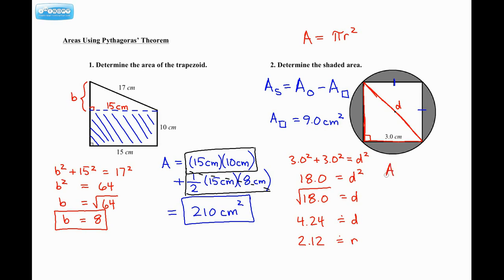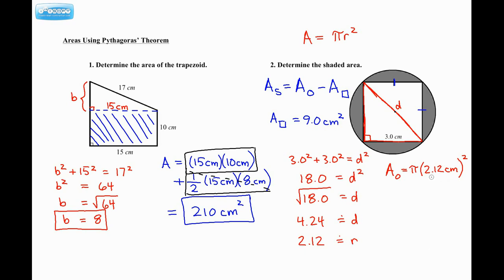So area of circle is pi. I'm just going to use the pi button in my calculator times 2.12, and this of course is centimeters, close bracket, squared. Okay. Make sure that the square is outside the bracket. If you forget the brackets, it's going to look like you're only squaring the centimeter and not this number as well.